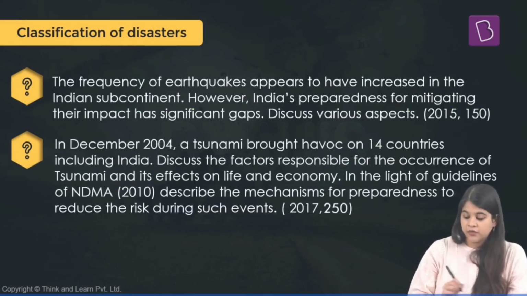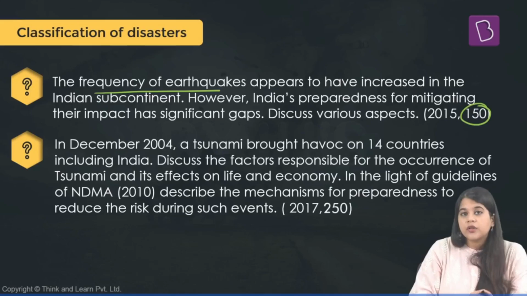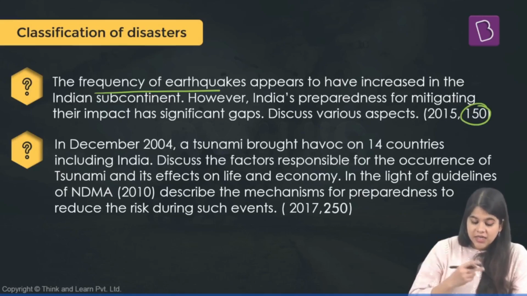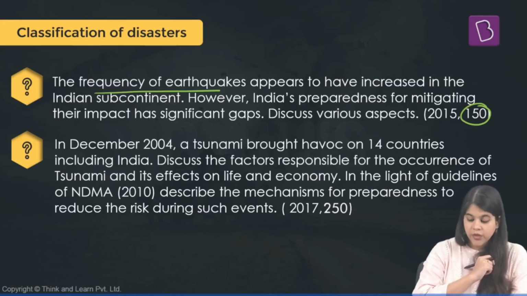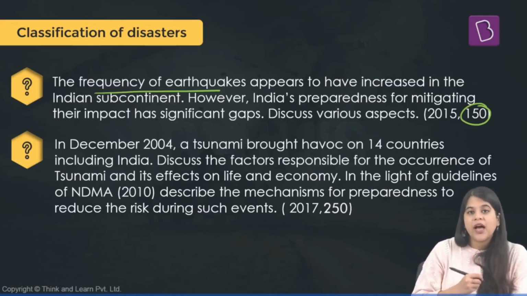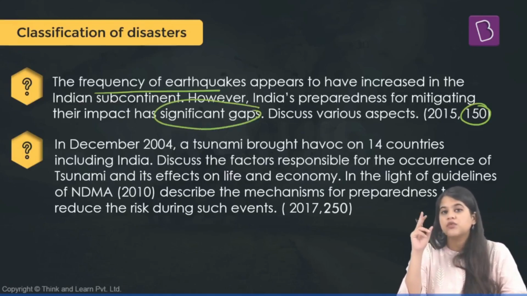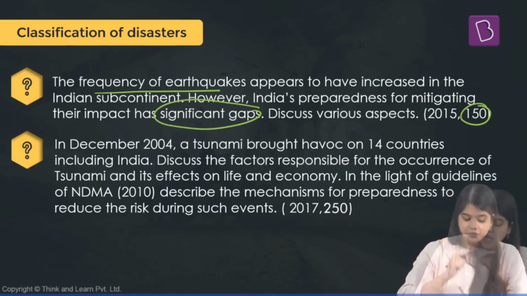In 2015, we had a 150-word question on the frequency of earthquakes, how it has increased in the Indian subcontinent, how India is prepared to mitigate the impact, and what are the significant gaps in India's preparedness.